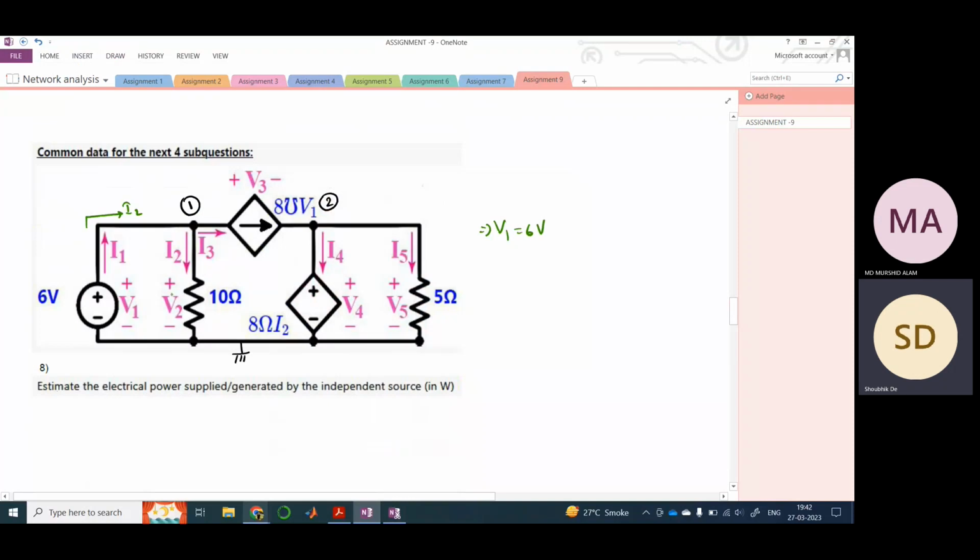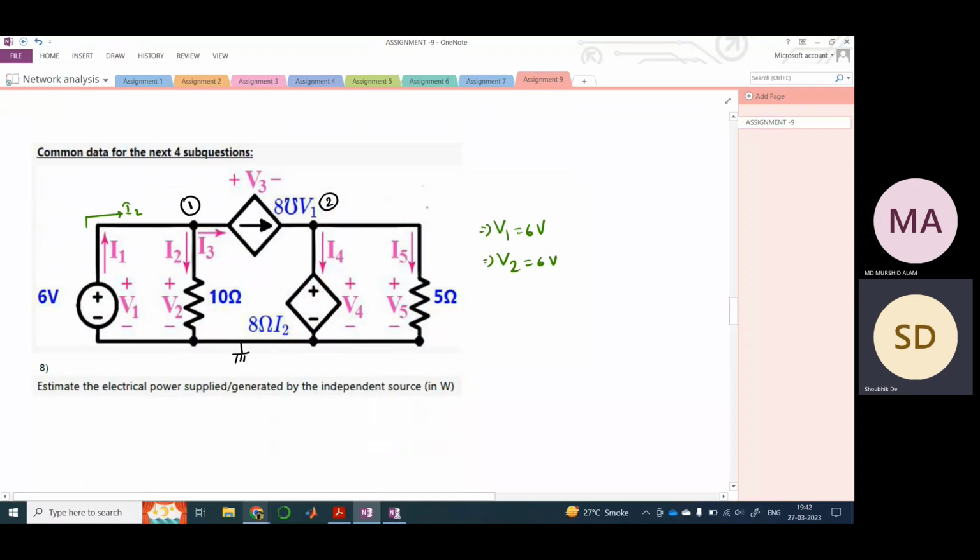And what is V2? V2 is nothing but the voltage of 6 volts applied across the 10 ohm resistor, because there is no resistance in this path, there would be no voltage drop. Therefore this total 6 volts would be applied across V2. Therefore your V2 would also be equal to 6 volts.